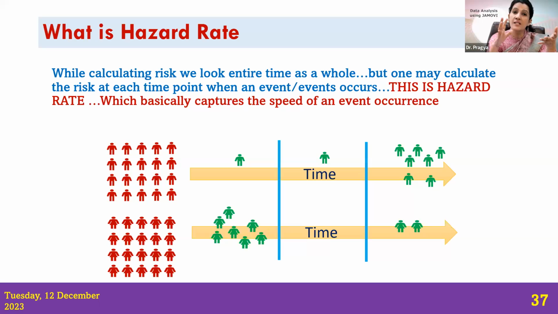Now, hazard is different. We should say that it is the opposite of survival probability. But you see that in probability, what is the range of values of probability? Yes, all of you please type in the chat box. What is the range of probability values?